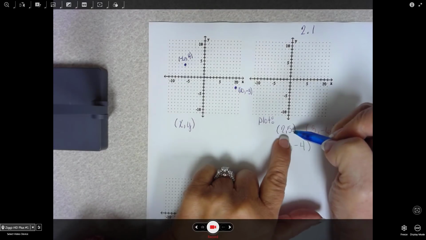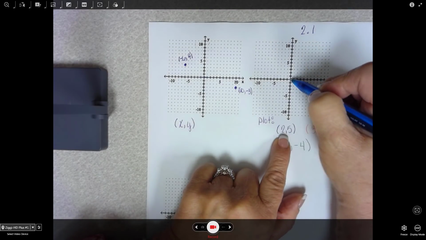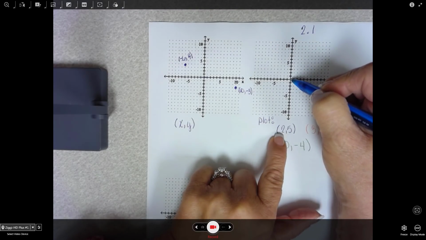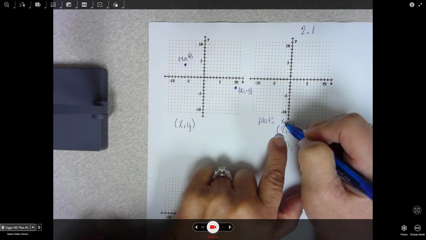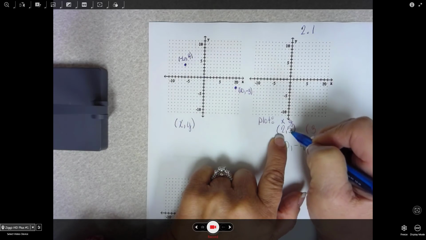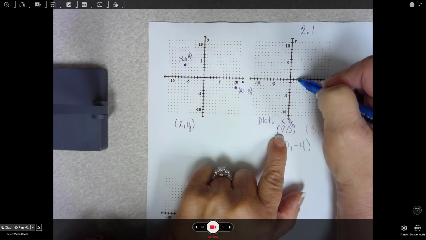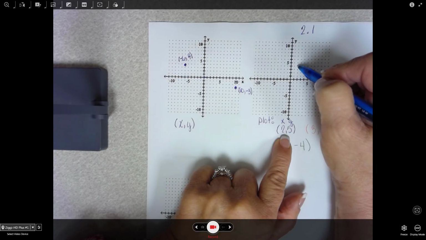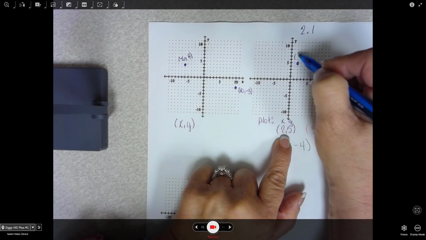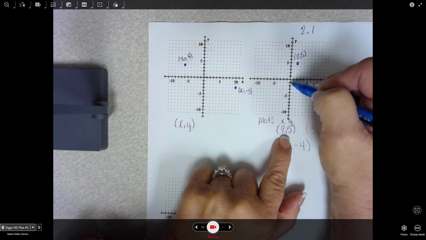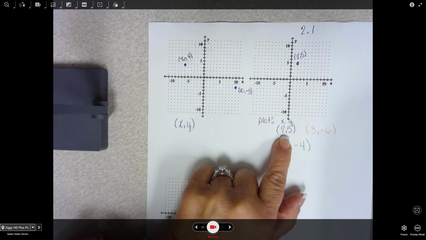To plot 2, 5, again, begin at 0, 0. This says move x 2 spots, y 5 spots. So go over 2 and up 5. Both are positive numbers, so you would go both positive directions.